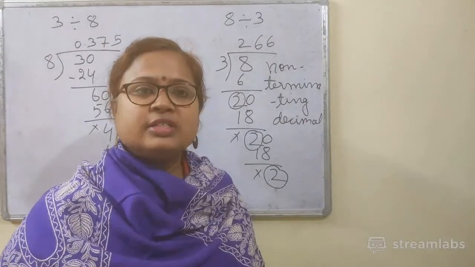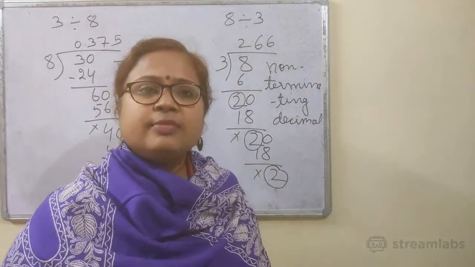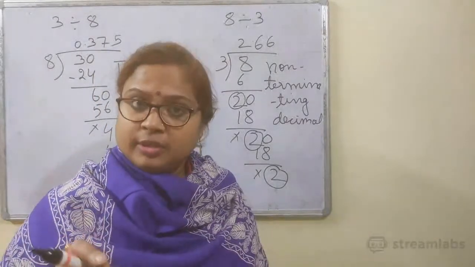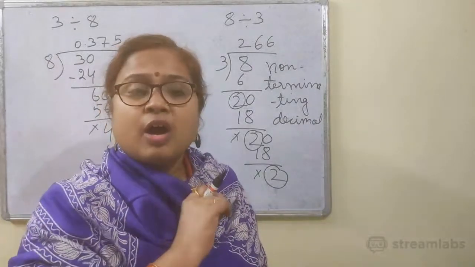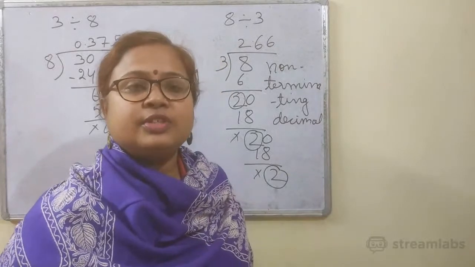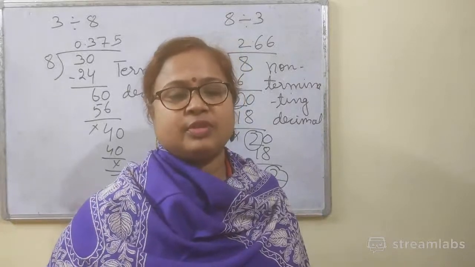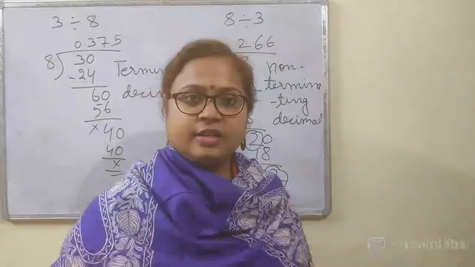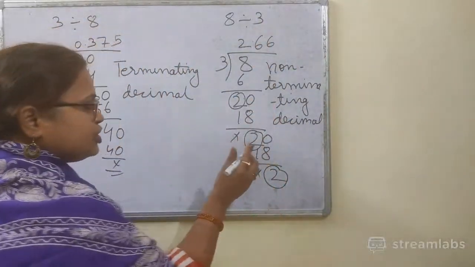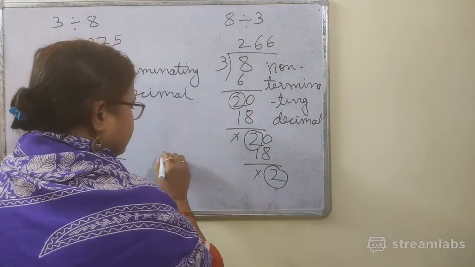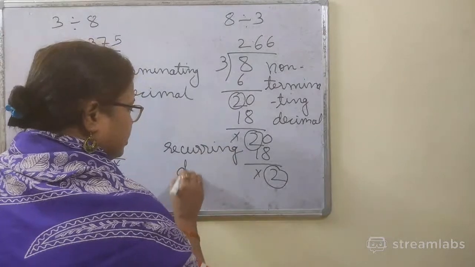So a recurring decimal means a number in which the remainder is repeated every time, however many times we continue the division. Such a type of decimal is called a recurring decimal. So this is also an example of a recurring decimal. Clear?